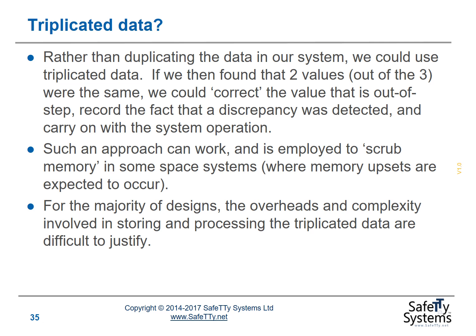This kind of approach can work, and it's employed to scrub memory in some space systems where memory upsets are expected to occur. For the majority of designs, the overheads and complexity involved in storing and processing the triplicated data are difficult to justify, and we won't use triplicated data on this course.